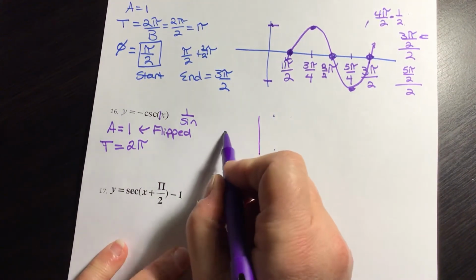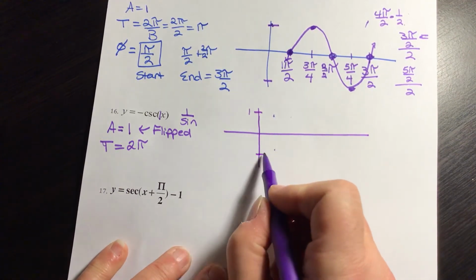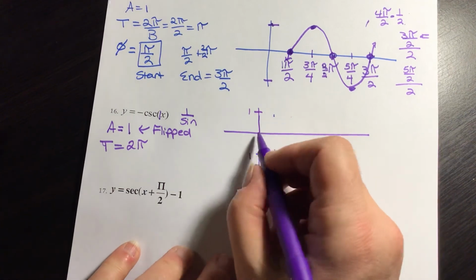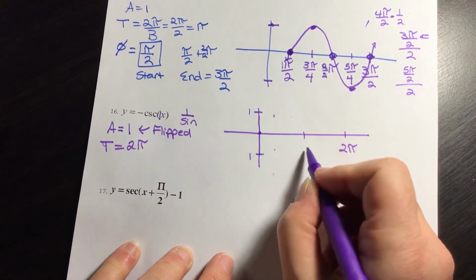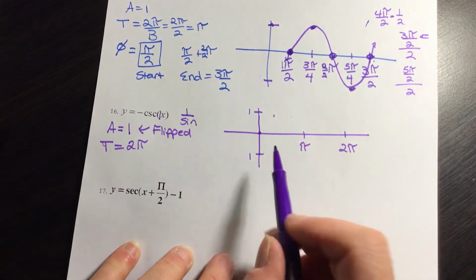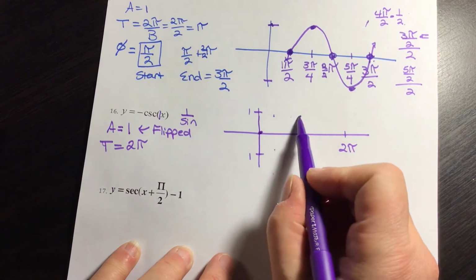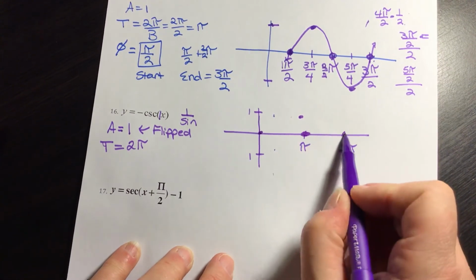So I'm going to draw a sine graph. Amplitude of 1. I'm going to start at 0, go to 2 pi. Halfway is pi. Remember, I just said up here, you have 3 x-intercepts. Oops, that's down here.